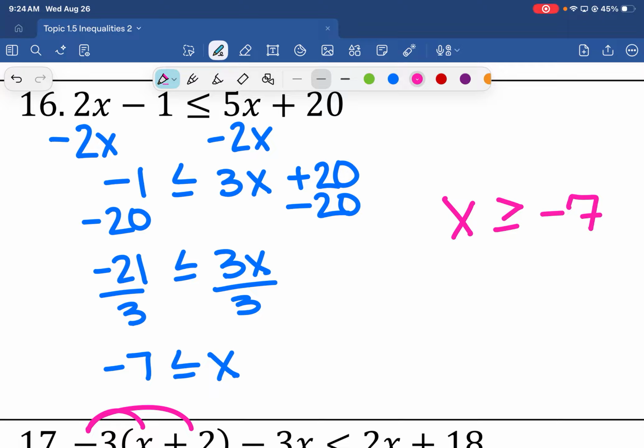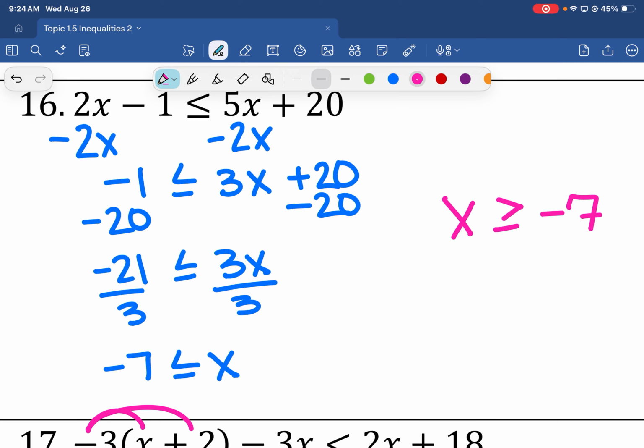I got x is less than or equal to 7. Okay, let's talk about this one. Okay, so for this one, when we solve it, we get -7 is less than or equal to x, or you could have got x is greater than or equal to -7. Okay, because depending on which way you worked it, it'll be set up one of these two ways.